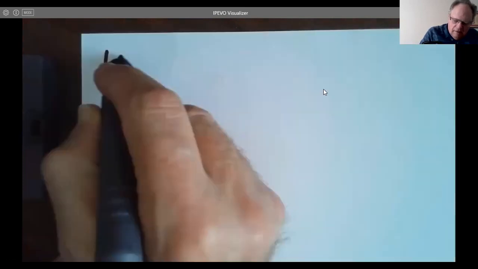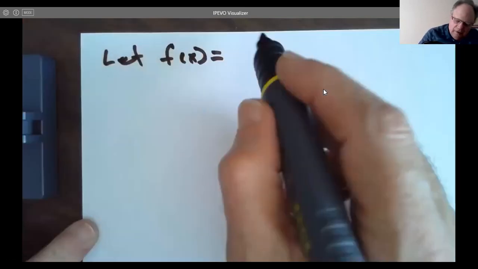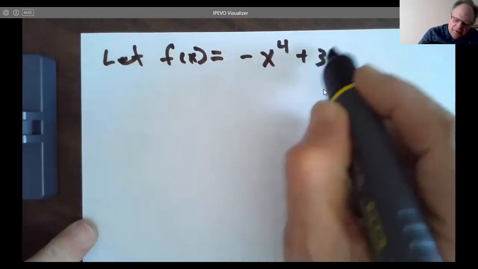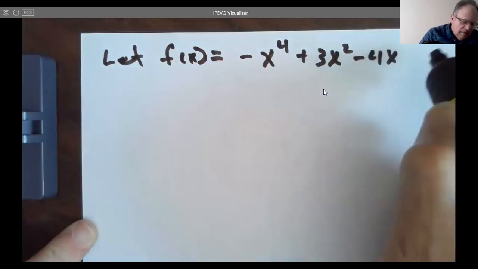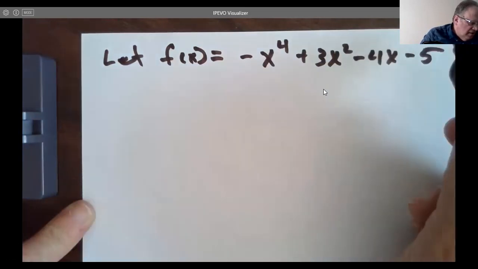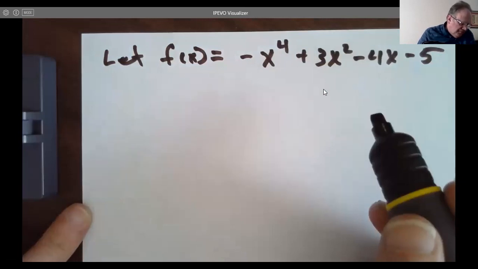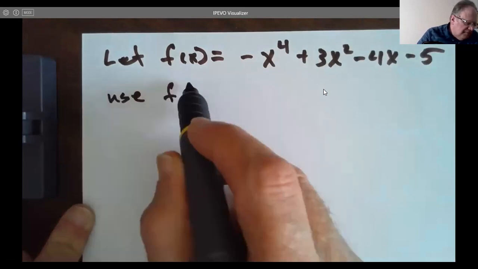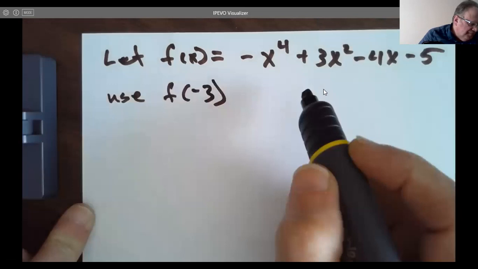Let f of x equal negative x to the fourth plus 3x squared minus 4x minus 5, and find f of negative 3.